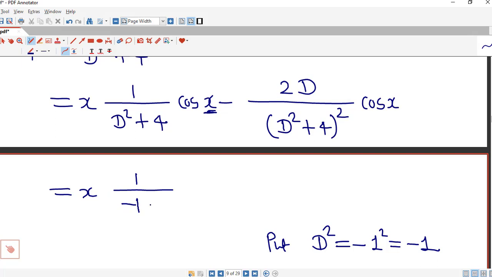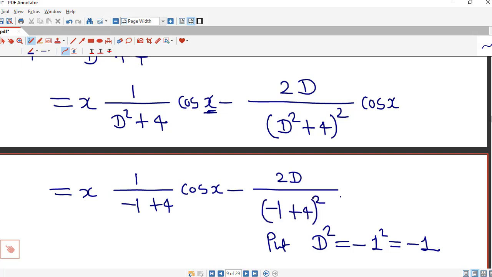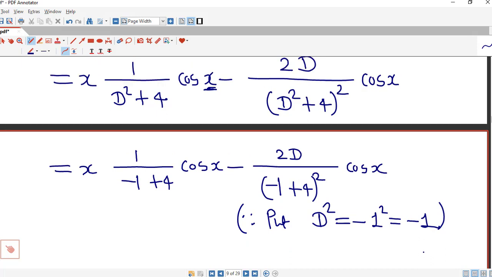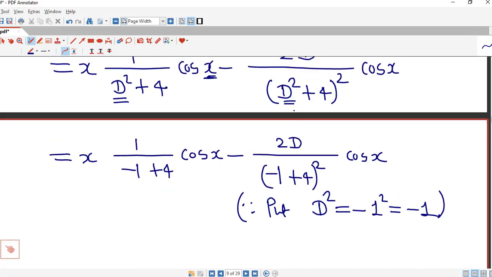So we have minus 1 plus 4 cos x, and the same thing here. Here also we put D square equal to minus 1, so we have minus 1 plus 4 whole square cos x. We have put D square equal to minus 1 at 2 places.